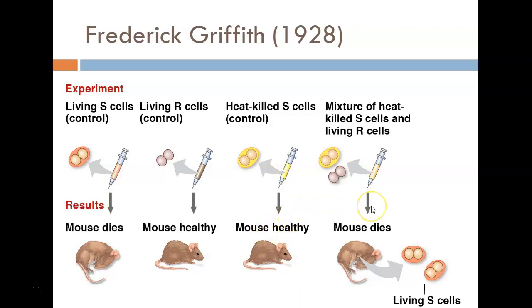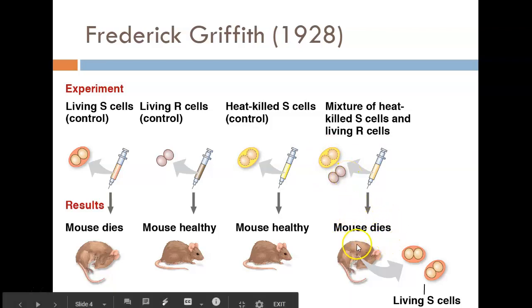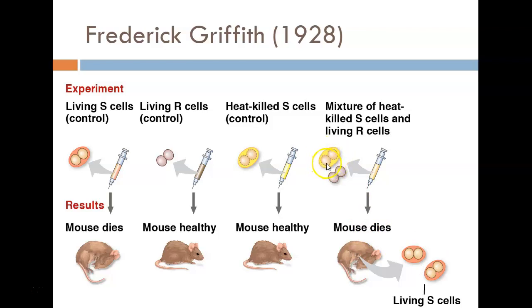What they interestingly found was that if they mixed this heat-killed version with the non-pathogenic version, somehow the mouse still died, and there was a living pathogenic version inside that mouse. So what this says is that even though the proteins were eliminated, somehow it was able to pass the pathogenic or infectious component onto the normally not infectious component and kill the mouse.